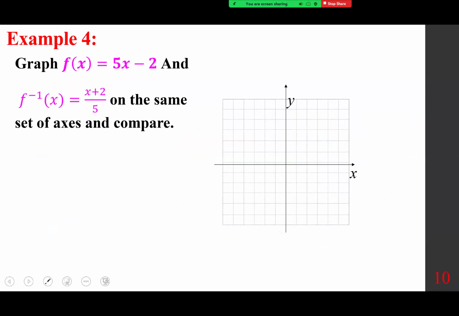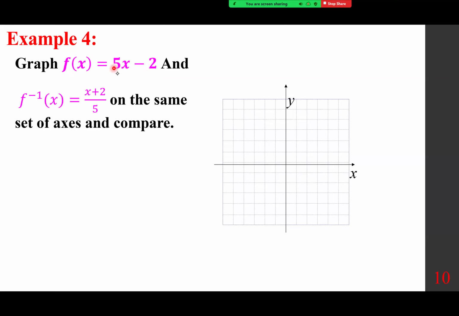Here's another function, f of x is 5x minus 2. And f inverse is given as (x plus 2) over 5. We want to graph the two on the same set of axes and compare. So let's graph this by plugging in two pairs. Clearly, negative 2 is the y-intercept, meaning (0, negative 2).